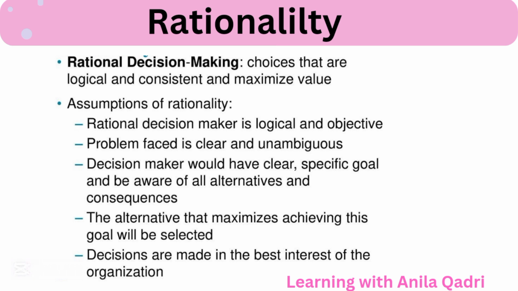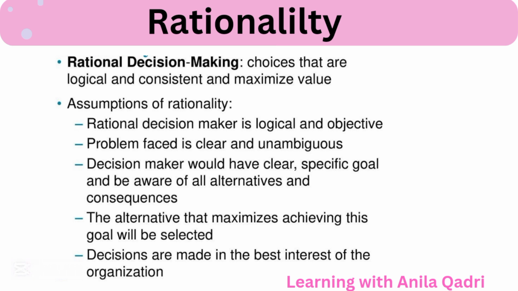Rationality. Rational decision making: choices that are logical and consistent and maximize value. Assumptions of rationality: the rational decision maker is logical and objective. The problem faced is clear and unambiguous.